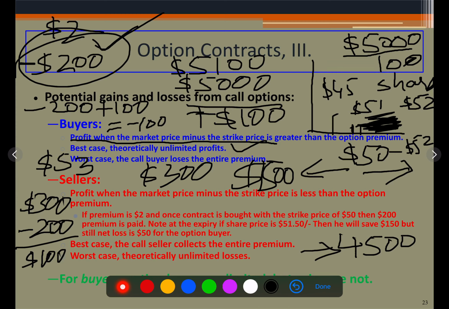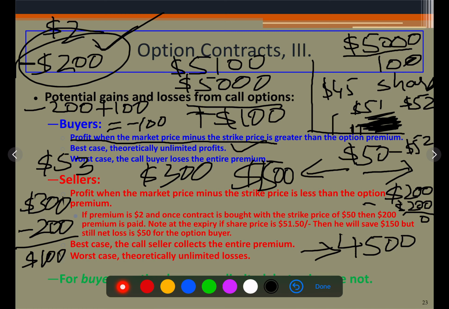Above 52, because at 52, if the buyer of the call option contract exercises the option, he will save a maximum of $200, but he has already paid $200 as a premium. In that case, his net profit is zero. So he didn't lose anything, he didn't gain anything, right?